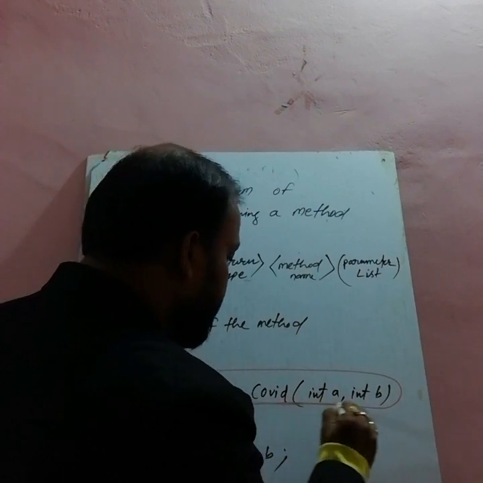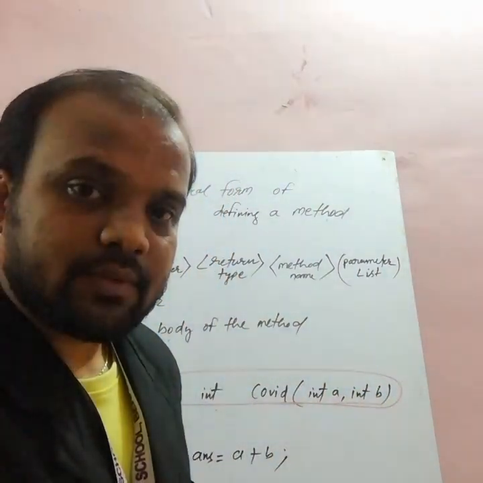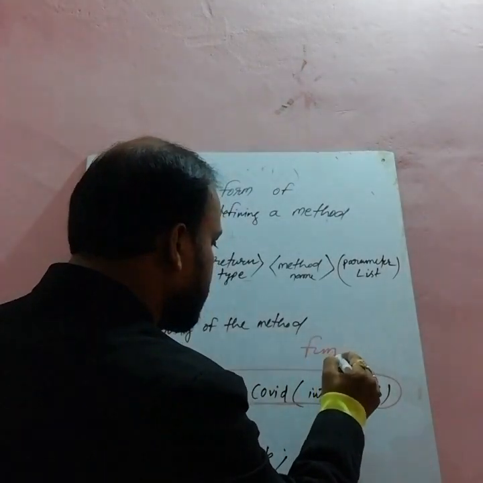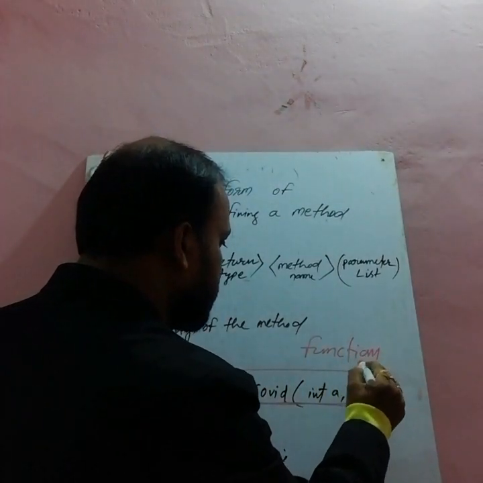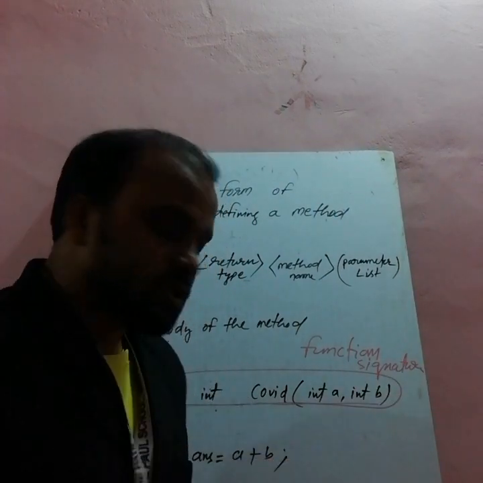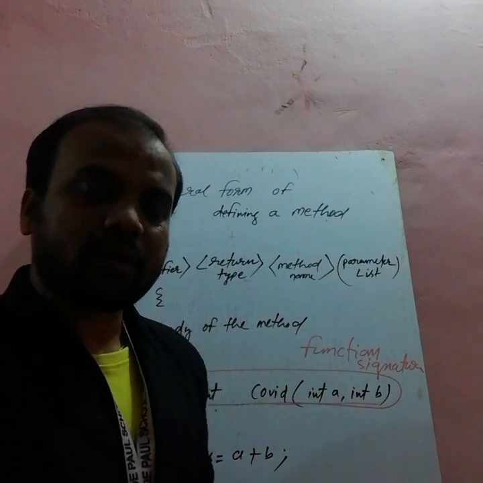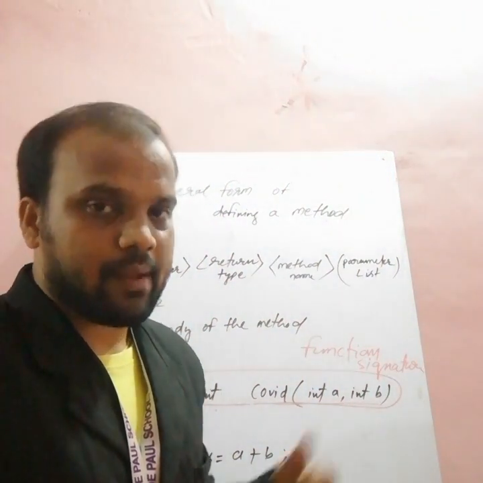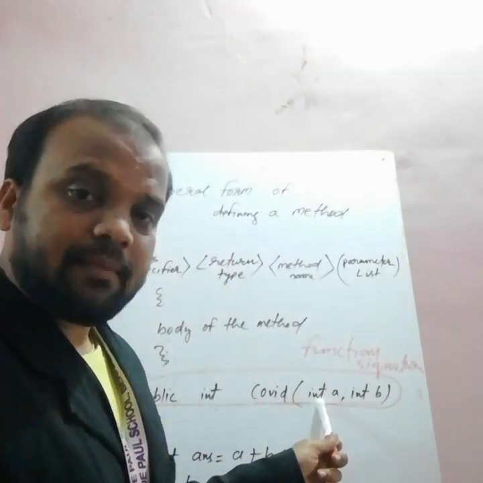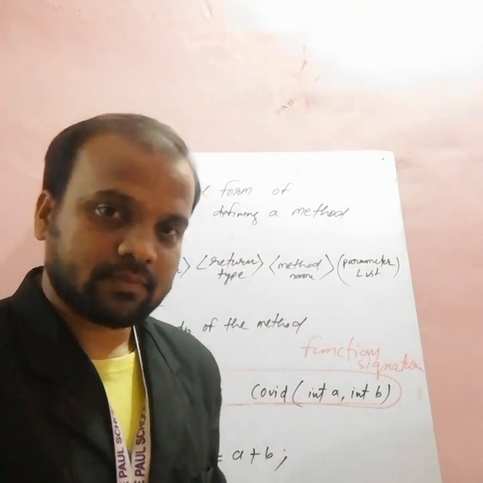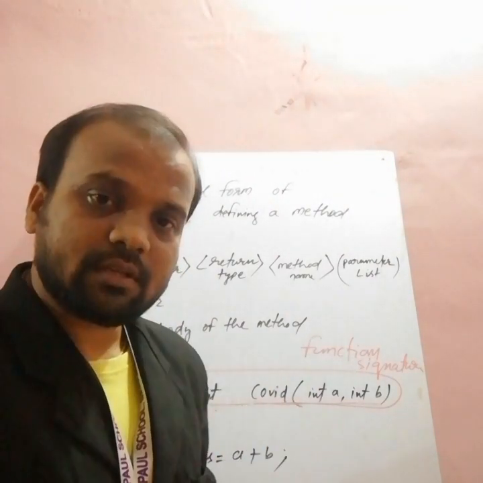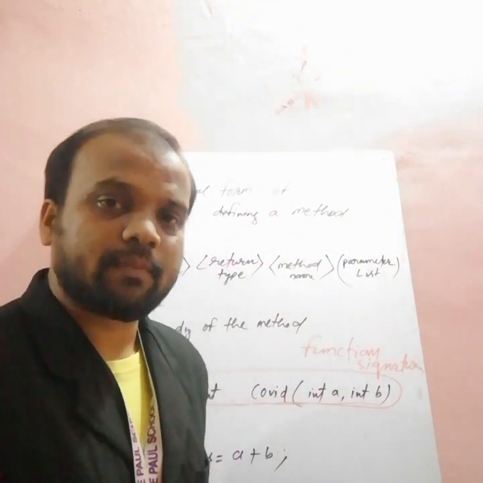The function name and the parameter list together are known as the function signature. This parameter is known as a formal parameter. The parameter which appears in the function definition or function header is known as a formal parameter.